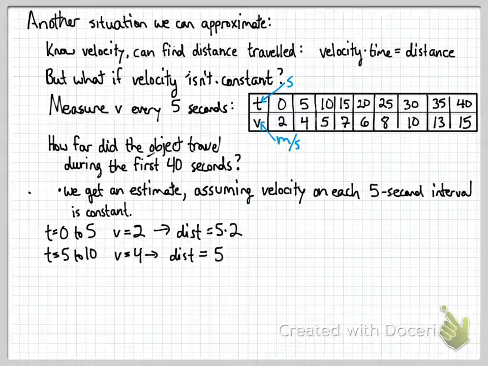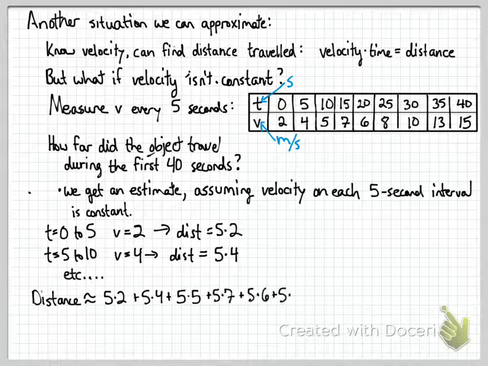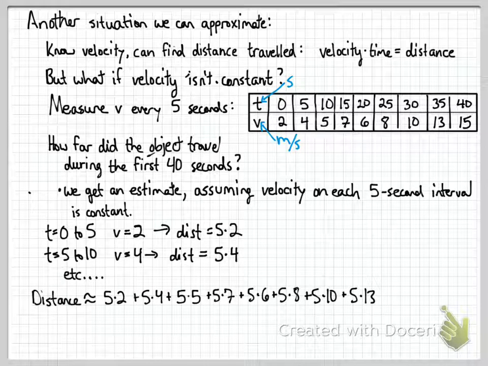In the next 5-second interval, from 5 to 10, if the velocity stayed at 4 meters per second, the distance would be 5 times 4, and so on. I can do this for each interval, and so the total distance traveled, I approximate by doing time times velocity on each interval: 5 times 2 plus 5 times 4 plus 5 times 5 plus 5 times 7, etc. I stop with the last interval from time 35 to time 40, and because I was using the velocity at the beginning of each interval, that's 5 seconds times 13 meters per second.